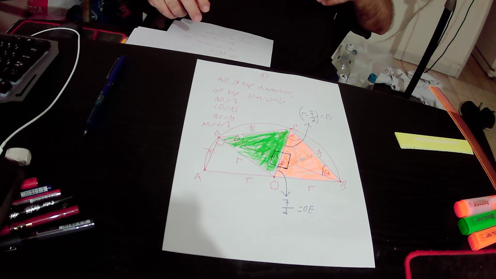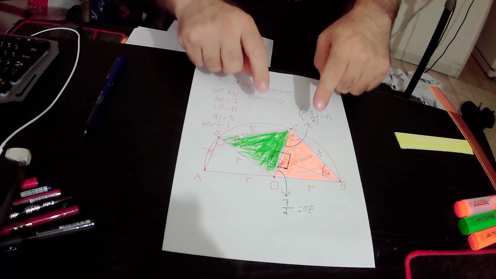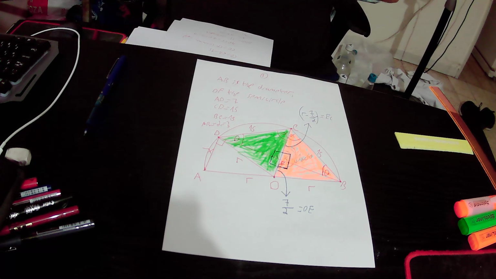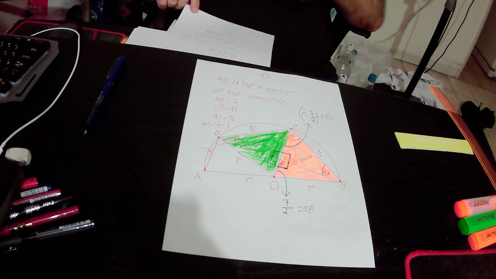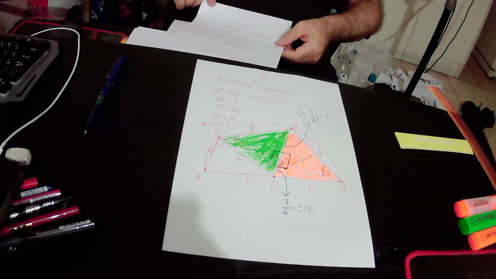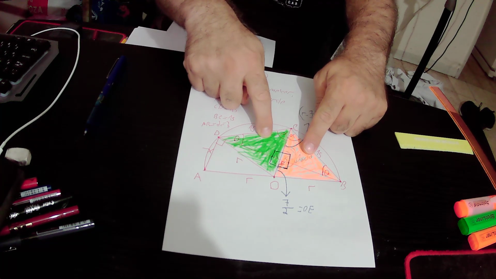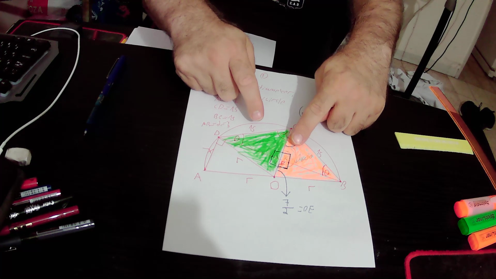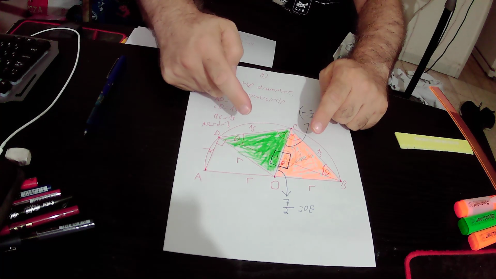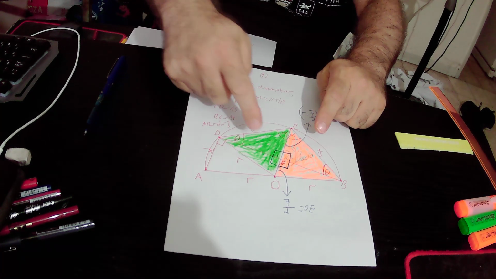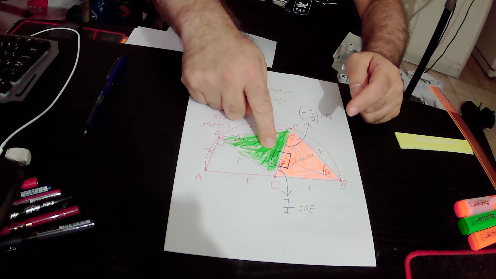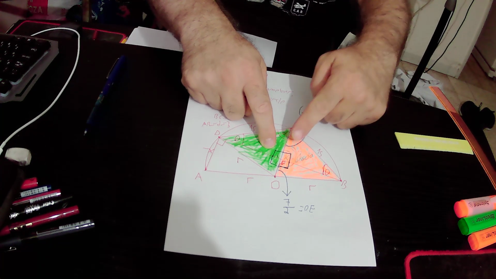So we proved that those two triangles are congruent to each other according to side angle side rule. Okay, so from the fact that those two triangles are congruent, we can deduce that angle DCE equals angle CEB.